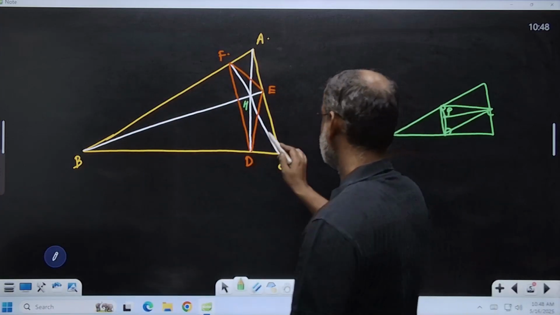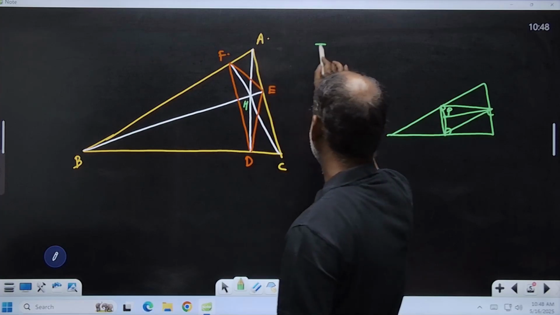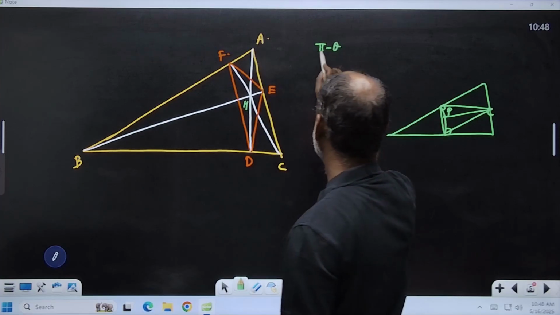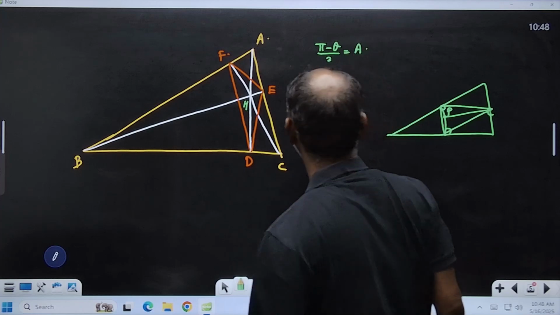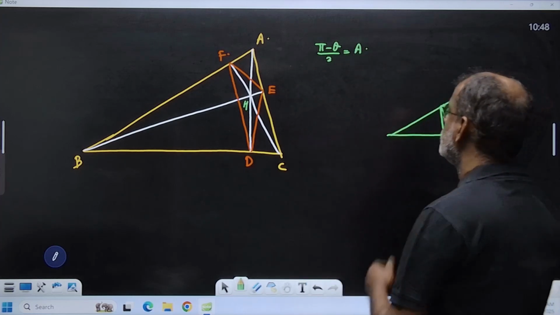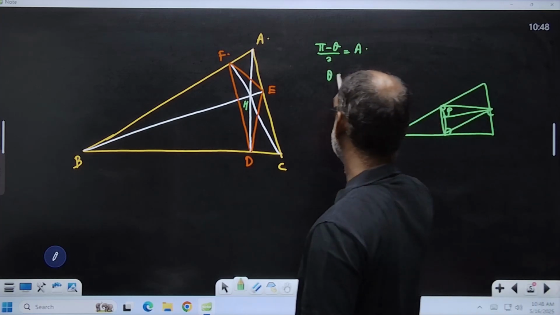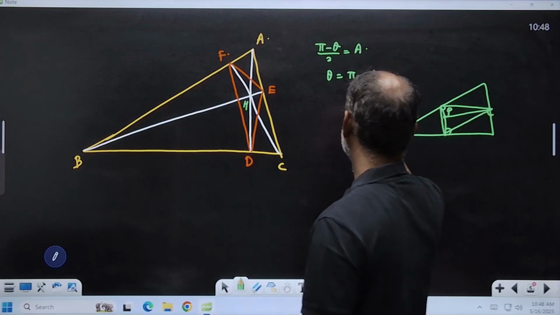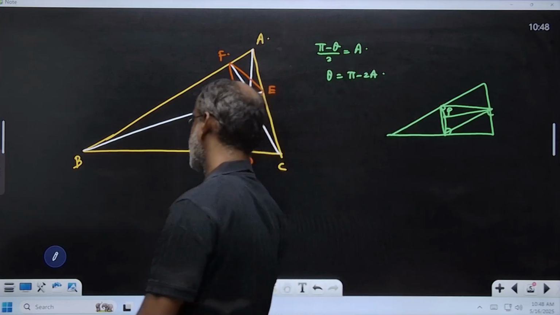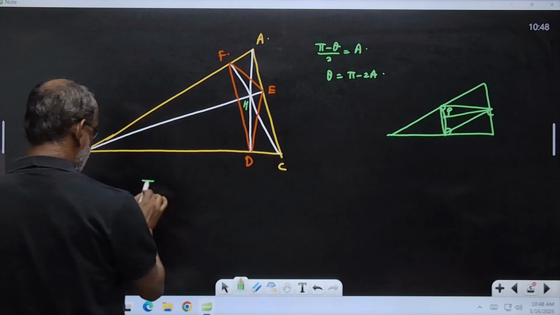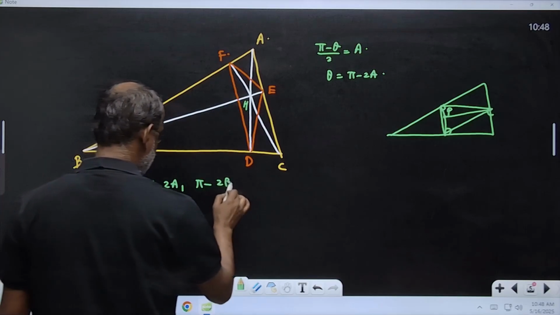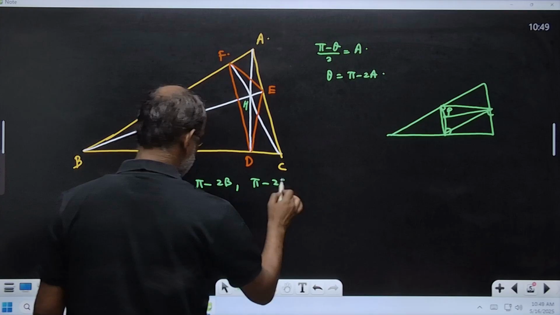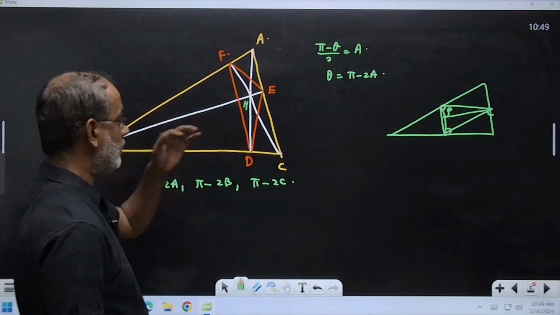Okay. So, if this is theta, this is pi minus theta by 2, which is A. So, theta is pi minus 2A. So, the angles are pi minus 2A, pi minus 2B, pi minus 2C.